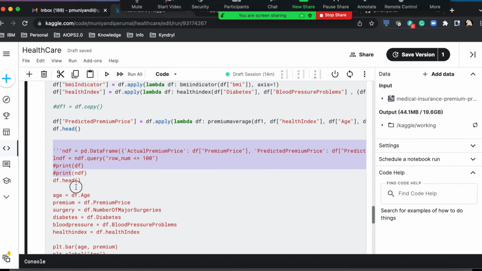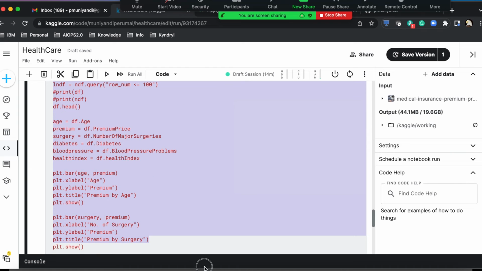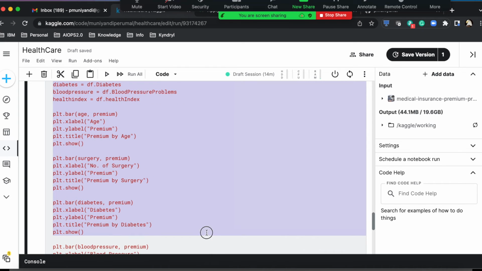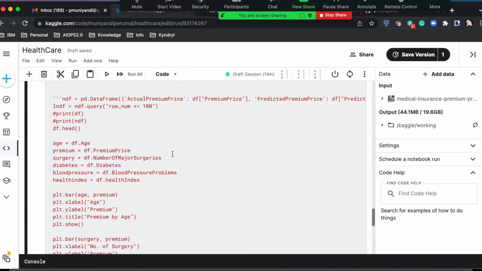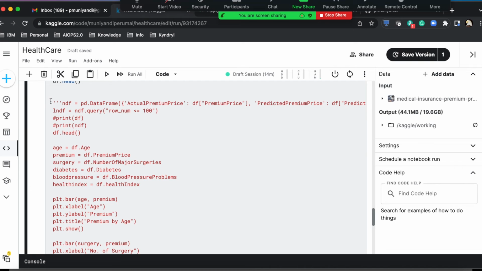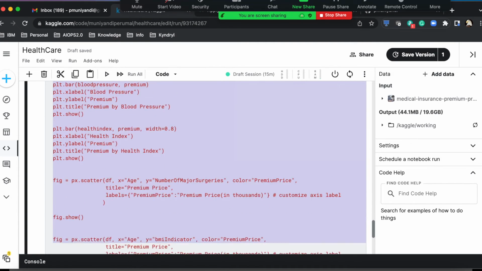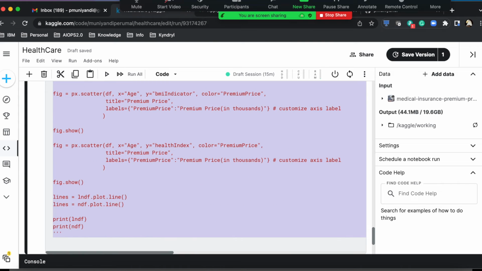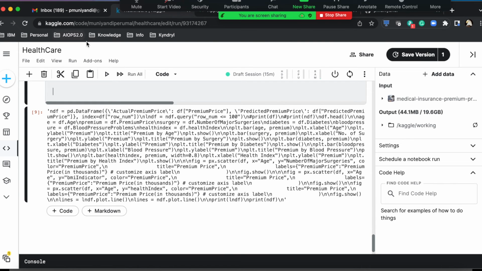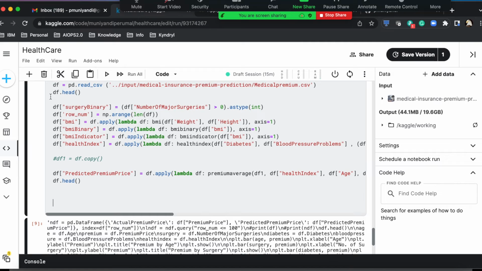This notebook is misbehaving, so I copy this code. One minute. I cut this code. So now I run only this part.